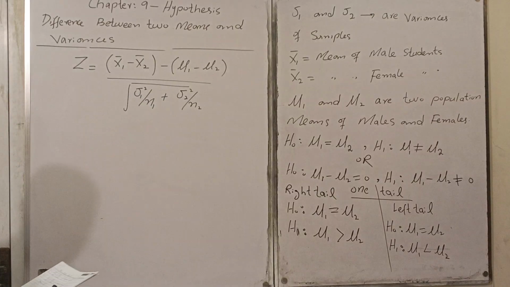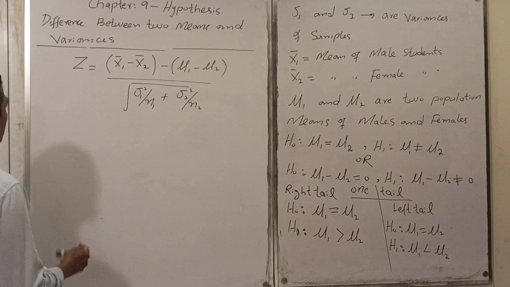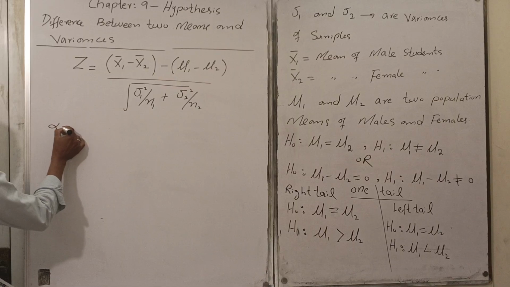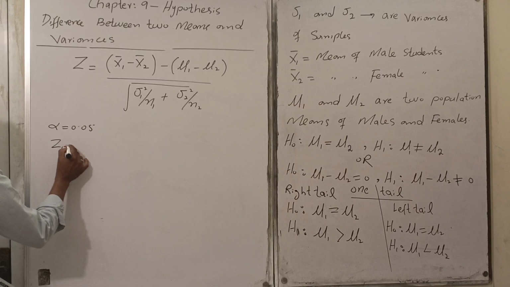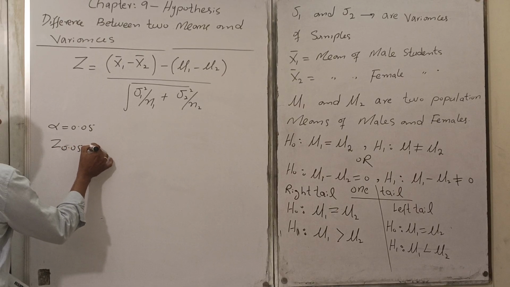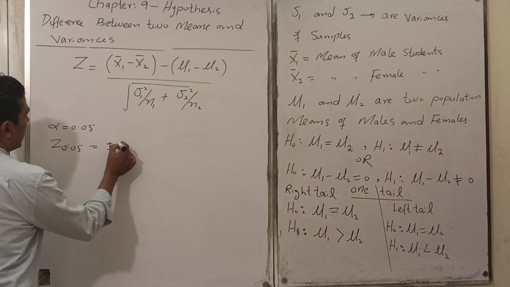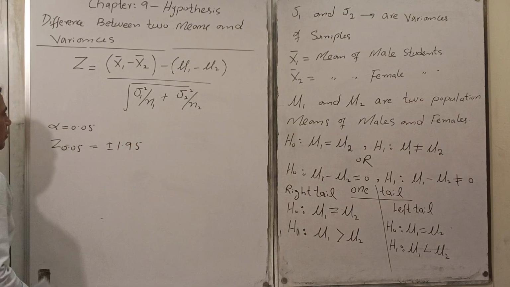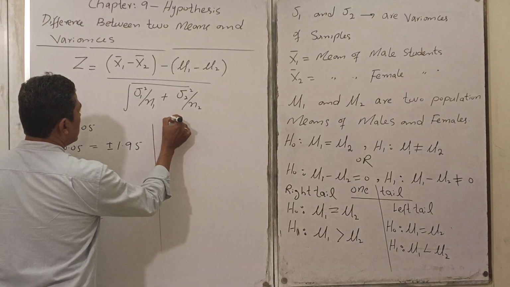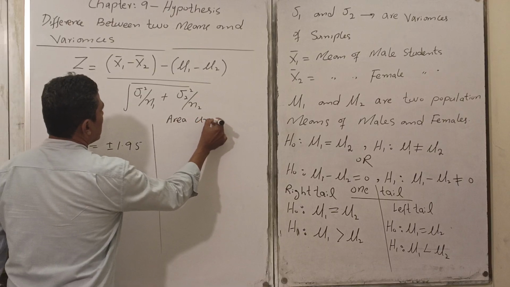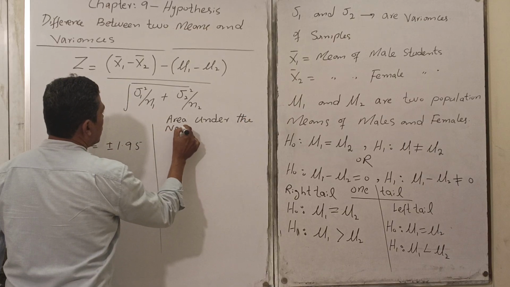Okay, so alpha equal to 0.05, z 0.05 is plus minus 1.95. Okay, area under the curve, normal distribution.